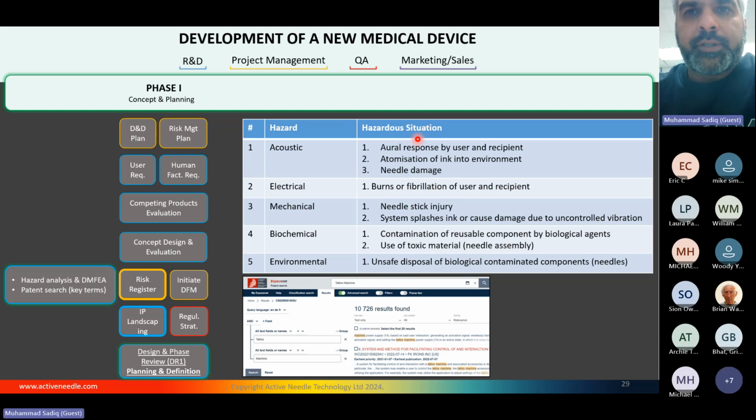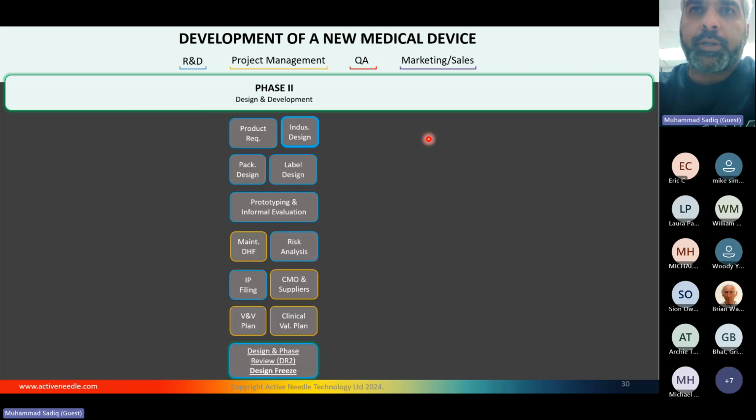I briefly mentioned freedom to operate searches for patents before, but you need to keep searching for any potential patents that your design may infringe, and you have to work around them.